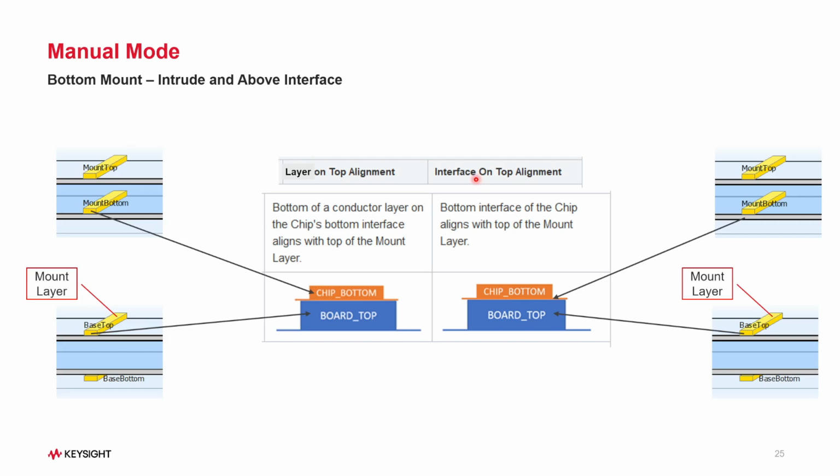Now, interface on top: instead of the bottom of the conductor layer, we're going to use this as the interface, which are basically the same place. This interface doesn't have any thickness, so the bottom of this layer here is exactly the same as this interface. That's why when we align this with the top of the mount layer, it gives us exactly the same thing.